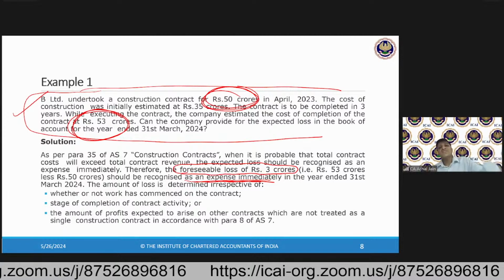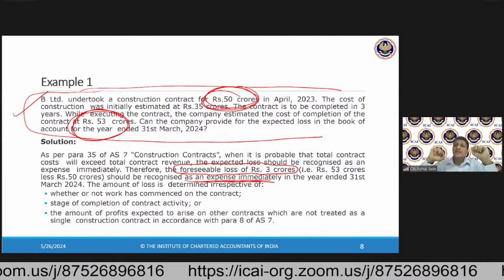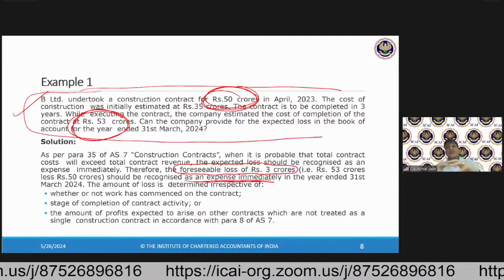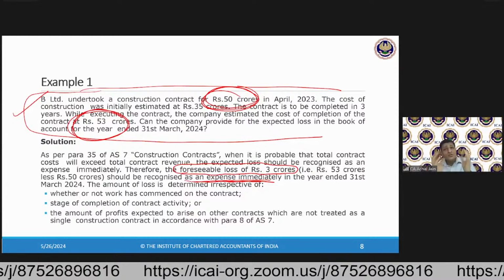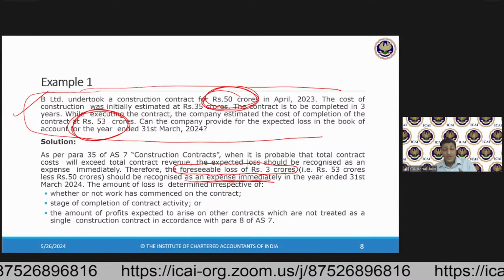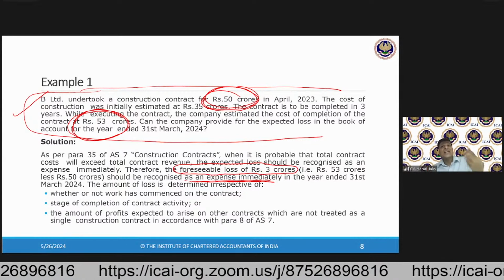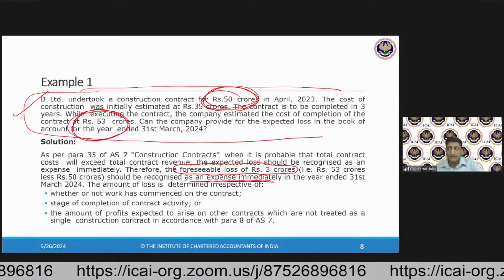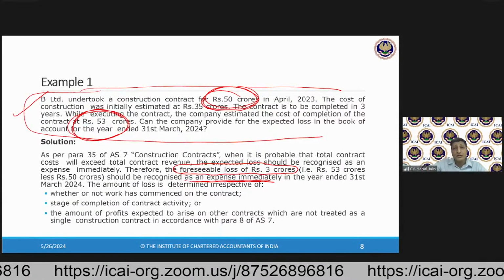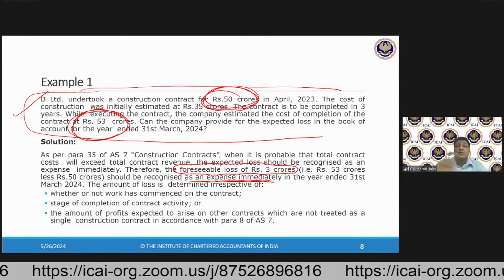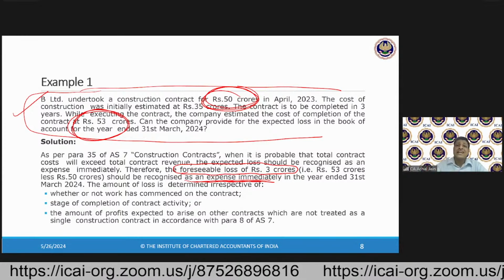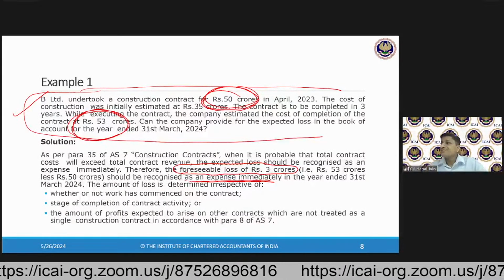We are not saying that in the first year this is the loss, second year this is the loss, third year this is the loss. We are saying collectively for this contract as a whole, is there a loss or not? If that is there, you need to recognize. That's the second stage which you need to get into. As of now, we are not moving into that stage. We are just analyzing for the contract as a whole.